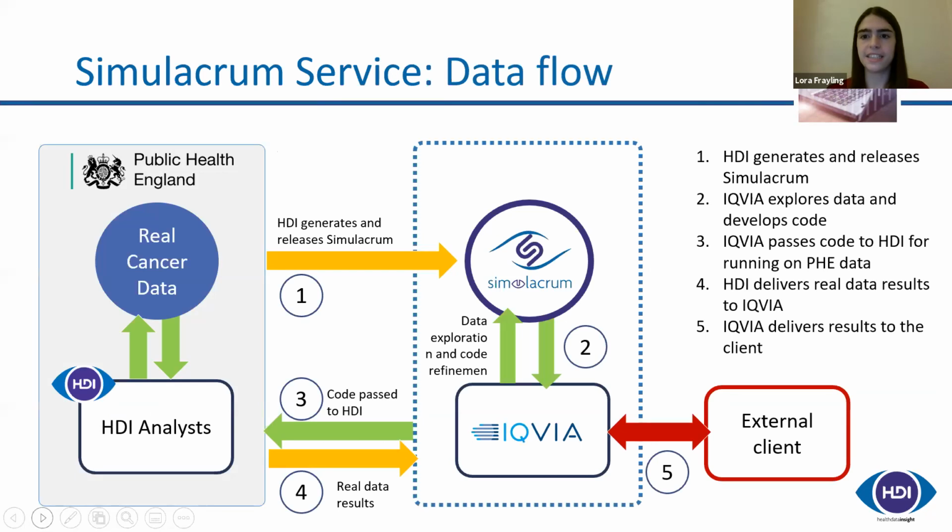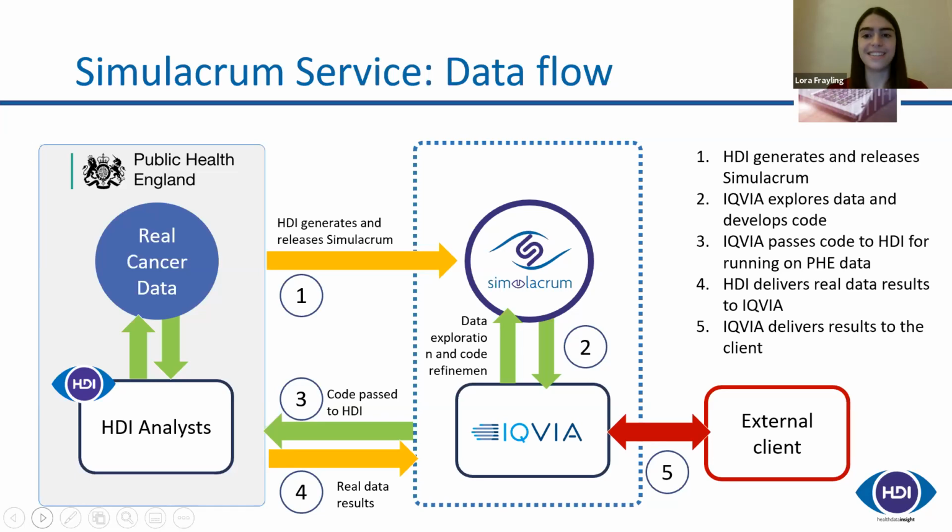First, HDI will generate and release the simulacrum, which will then be available for use by IQVIA to explore the data, develop code to do statistical analysis that's relevant for the projects that they have with external clients in the life sciences industry. And then IQVIA will pass that code to Health Data Insight to run on the Public Health England data.